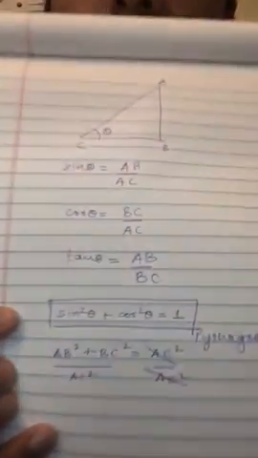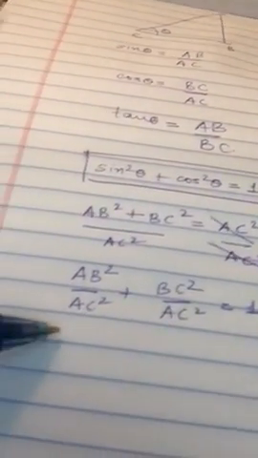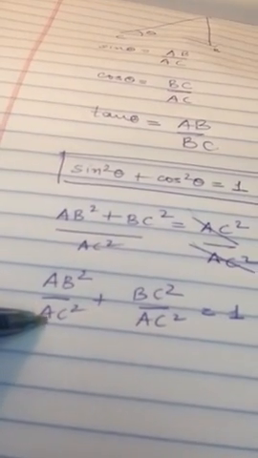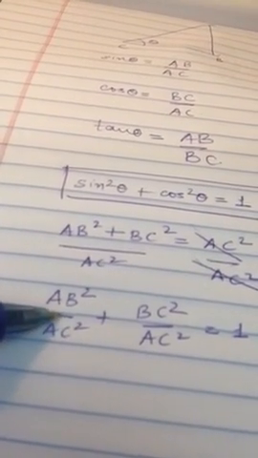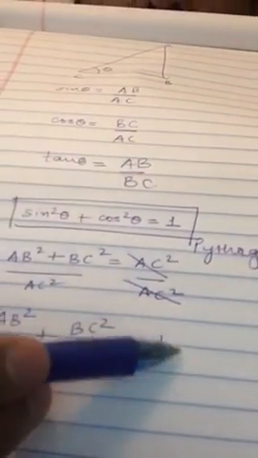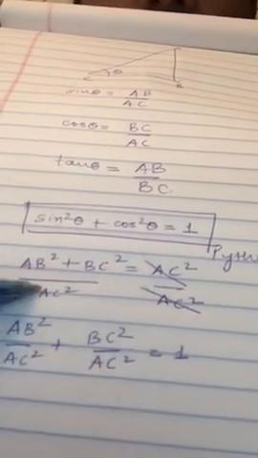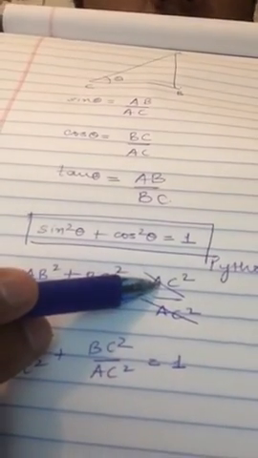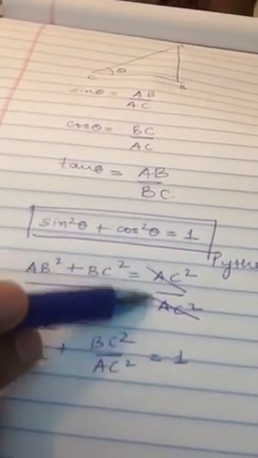I'm cancelling it, and this will be 1, and I'm splitting that side, taking AC square independently below each of AB square and BC square. This turns out as 1 because we divided both sides by AC square, and the AC square was already there in the numerator, so it cancels out.